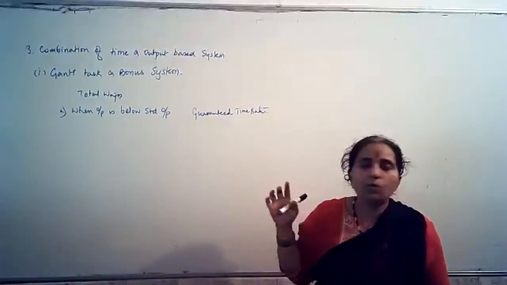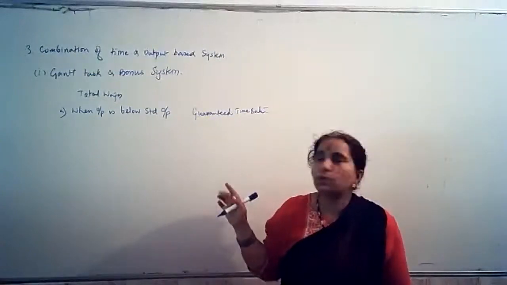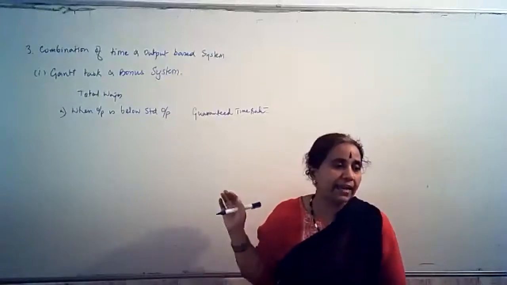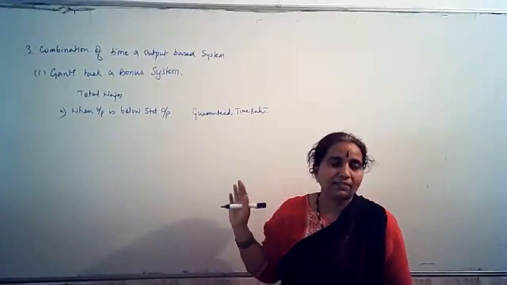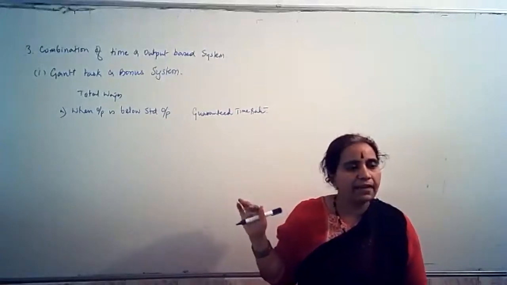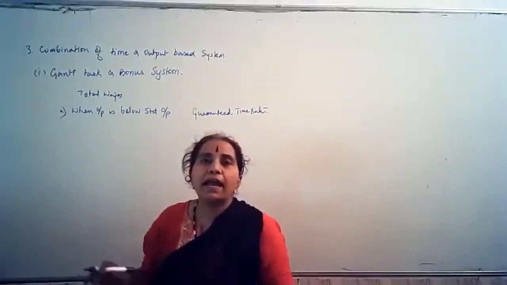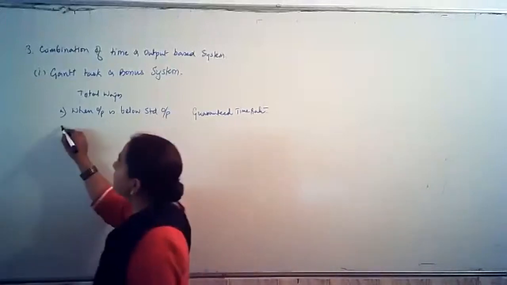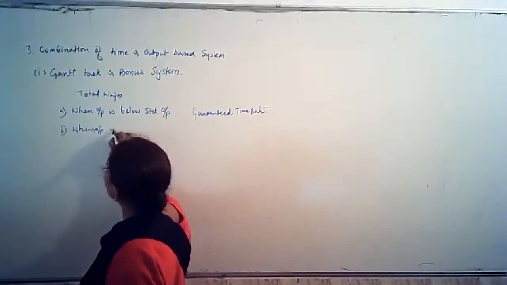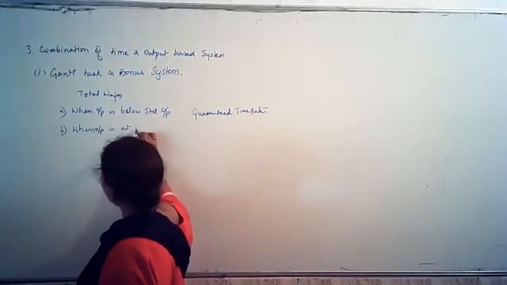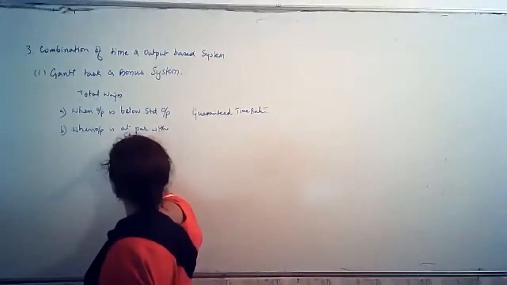So wages paid to such employees who are below the standard output will get only the guaranteed time rate. They will not get paid for anything more than the time which they had already been agreed to be paid for. Second, when they are at par with the standard. So second is a situation when the output of an employee is at par with his standard output.